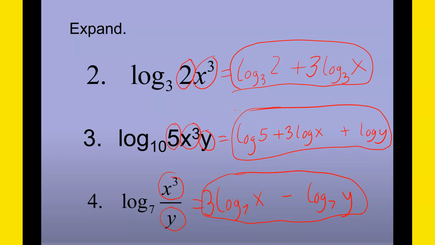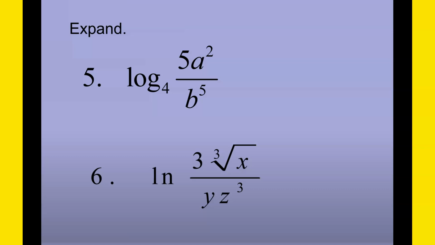All right, moving on. Here, the 5, the a squared, and the b to the 5th all get their own log base 4. When you have multiple things going on in a fraction, here is a very simple way to handle it. Anything in the numerator is going to be adding. Anything in the denominator is going to be subtracting in the final analysis.